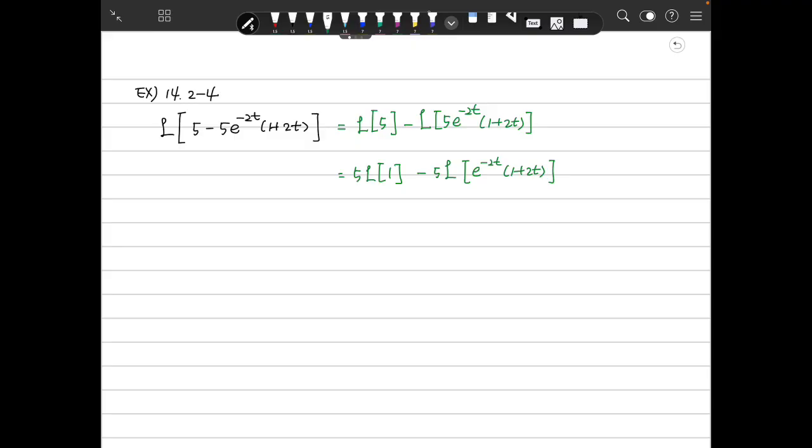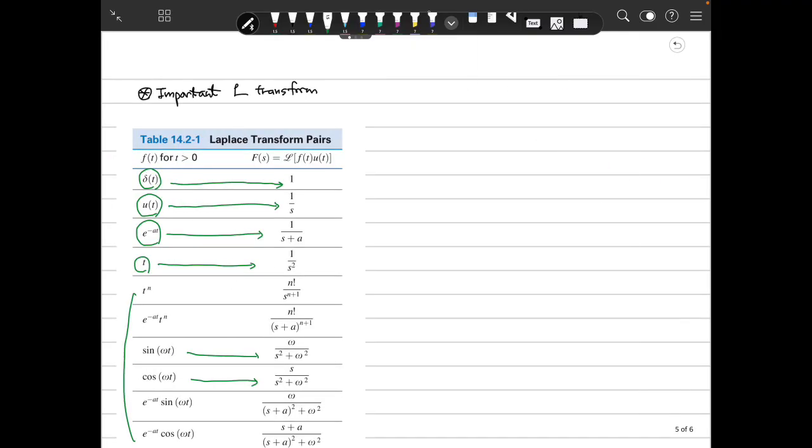At first, you already know that. What is that? For u(t), the Laplace transform is 1 over s.